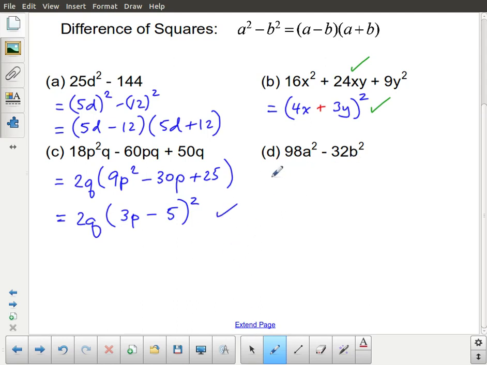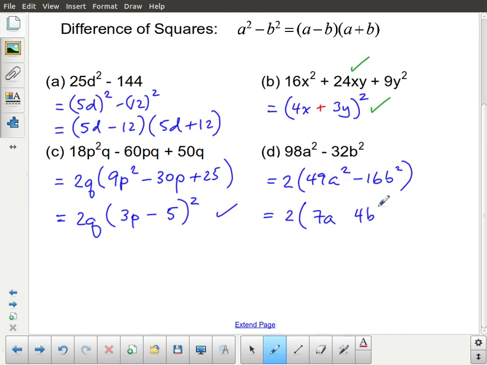What about this last one? Common factors. There's no perfect squares. Well, there are perfect squares in the variables already, but the leading coefficients don't have perfect squares. But if I divide everything by 2, I actually end up with 49a squared minus 16b squared. 49a squared is the same as 7a all squared. 16b squared is the same as 4b all squared, but this is only 2 terms.